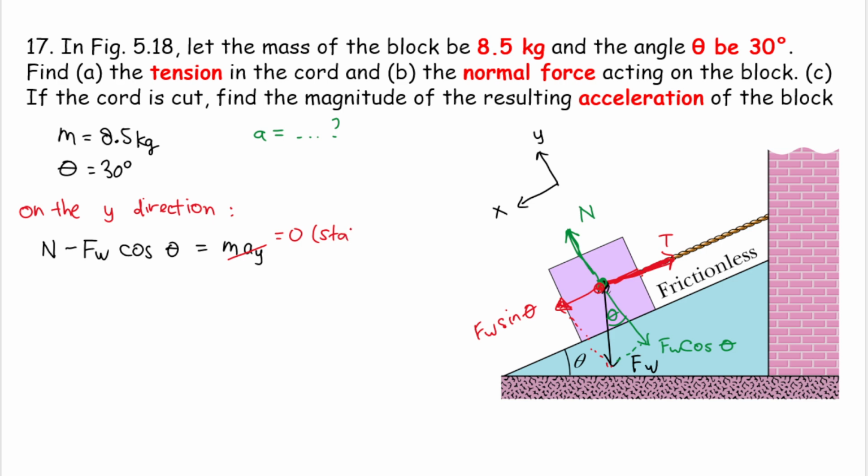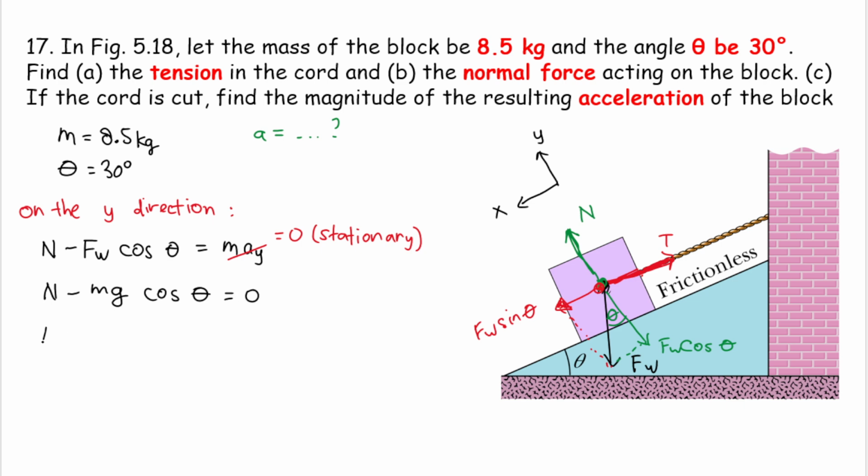It is not moving in the y direction. Now we need to find out what N is, right? So we just leave N here, and the weight of the block is the mass times the gravitational acceleration multiplied by cosine of theta here, and that will equal 0.